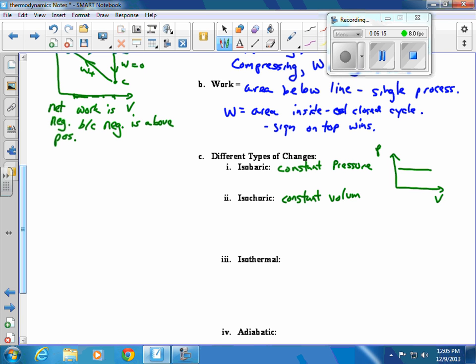I doubt you'll see that word, but it is possible. A graph for constant volume is going to look like this. So what's unique about that one, there's no area underneath that line. So work equals 0 because the area equals 0. And if I look at this equation, delta U is Q plus W. If the work is 0, I just get delta U equals Q.